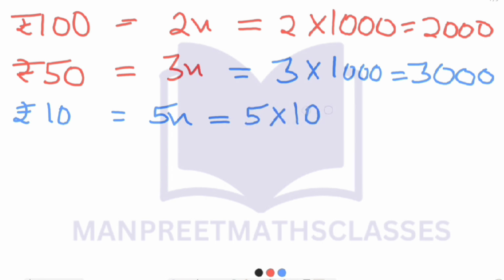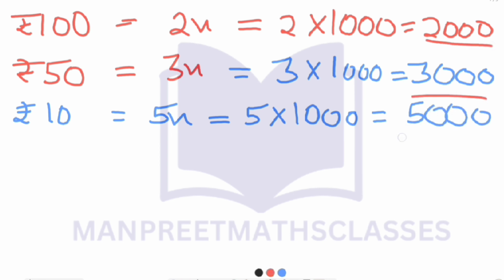So 5 into 1000. So 10 rupees के 5000 notes थे. So these are the number of notes available with Lakshmi in her bank.